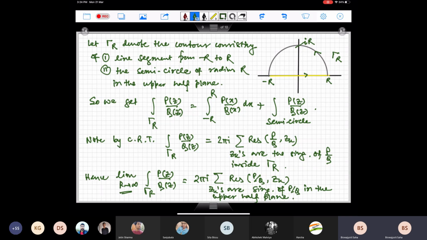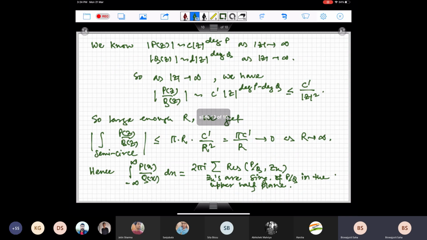And on the straight lines, those integrals are going to give us the integral that we desire. So you will take contours accordingly. So this is the formula that we get finally. Let's see an example.